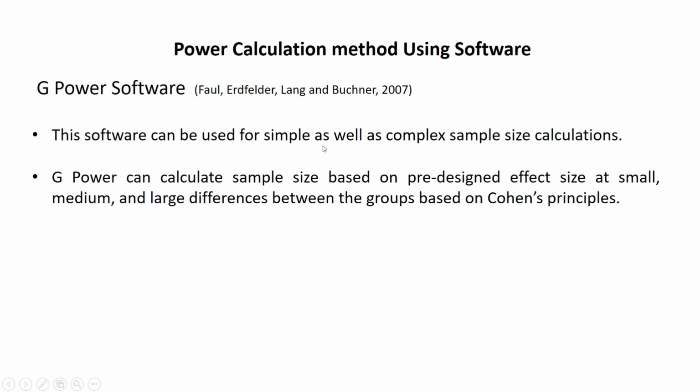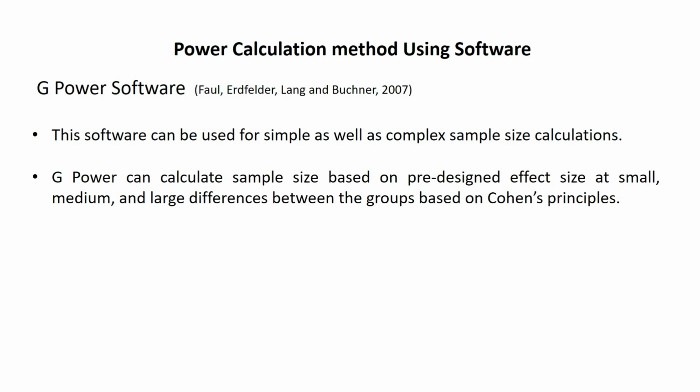And this software can be used for simple as well as complex sample size calculation. The resource equation method we just saw is a very simple method, in which you can select five animals in each group, and that will be sufficient. But with the power calculation method, we can easily calculate for complex designs, even animal experiments, whatever experiment there is.